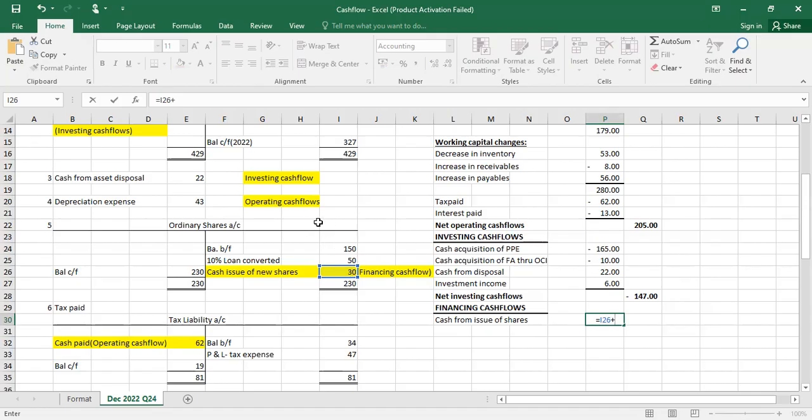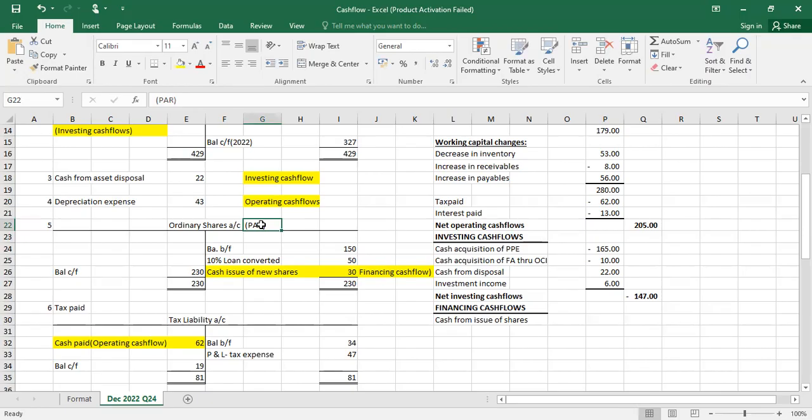Now allow me to clarify on this working number 5 that the share capital account is normally recorded at par value, so whatever issue you get in the ordinary shares account, you get at the par value. In case there was share premium on issue, you can only see that in the share premium account.